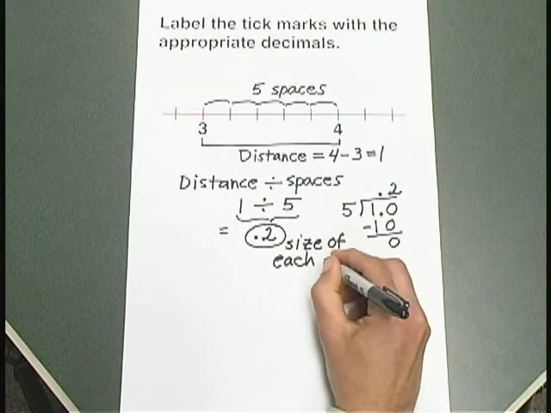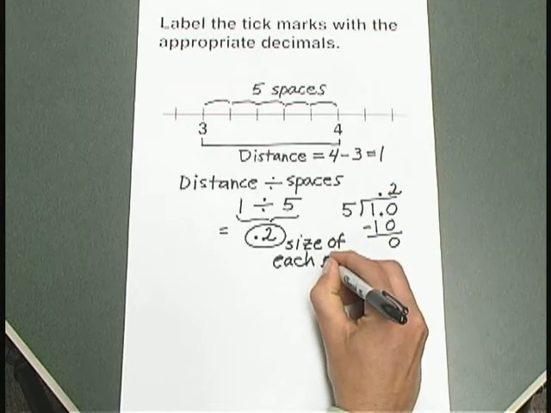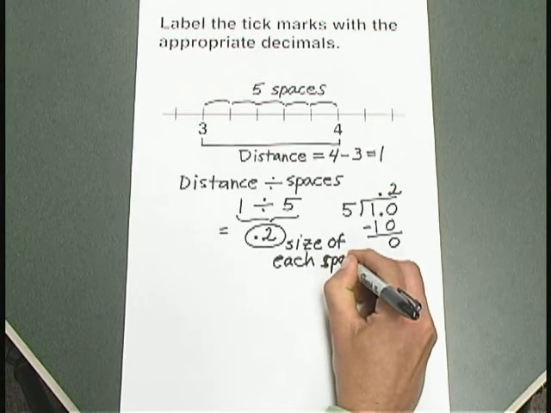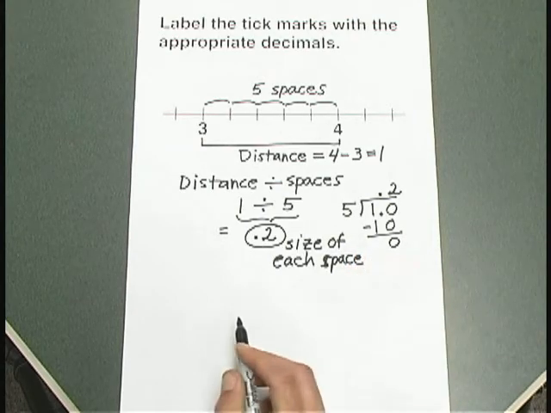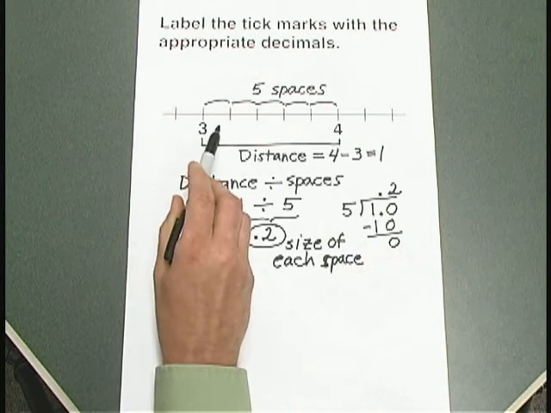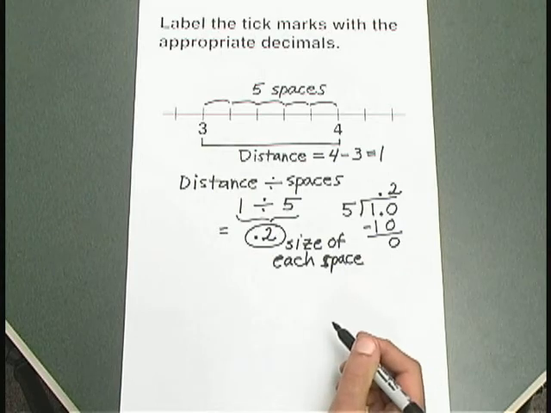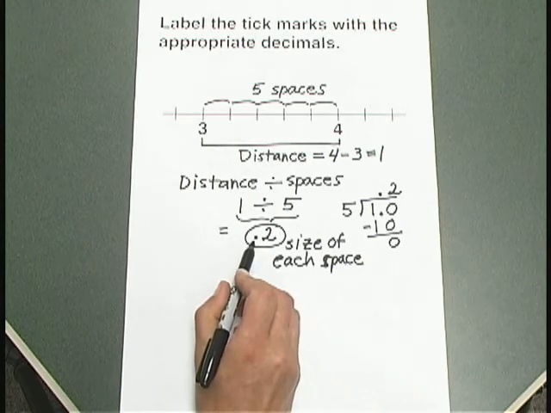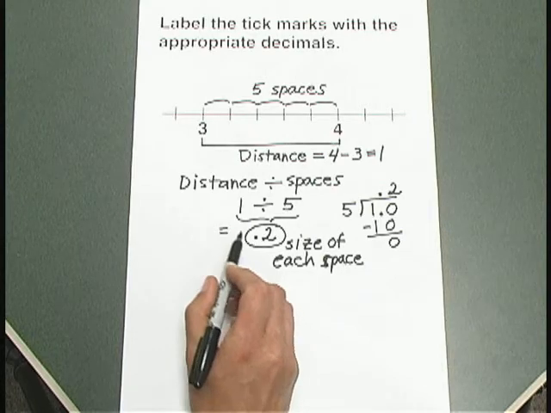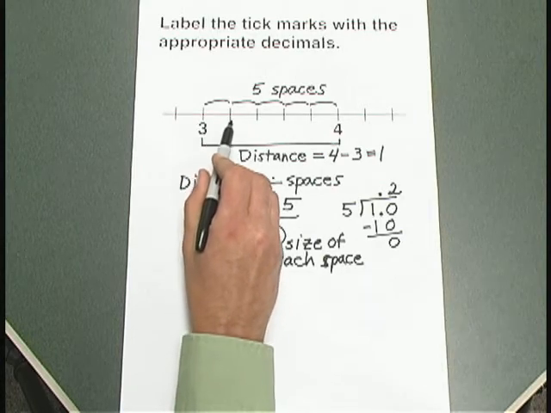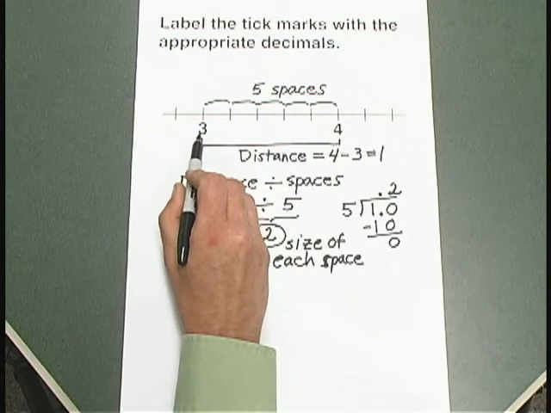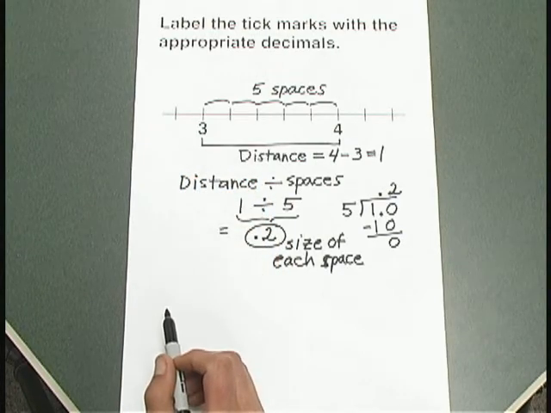And that's the number, the most important number in filling in the tick marks with decimals. What we need to do is add 0.2 as we move to the right along the number line from one tick mark to the next.